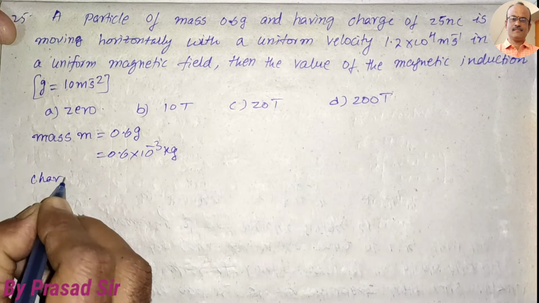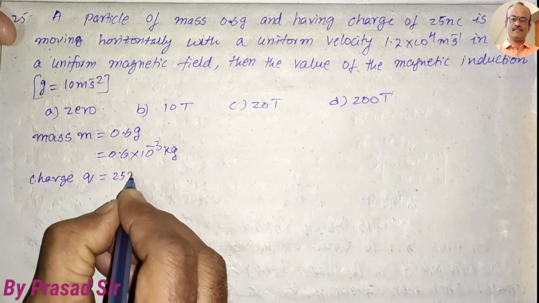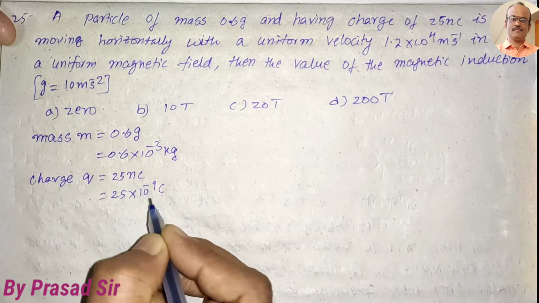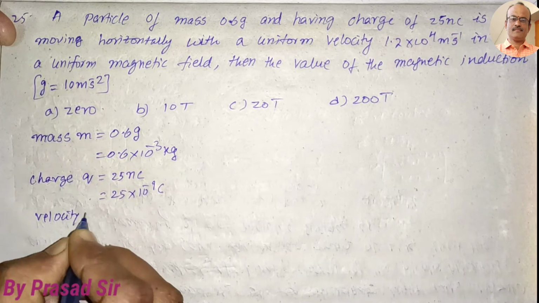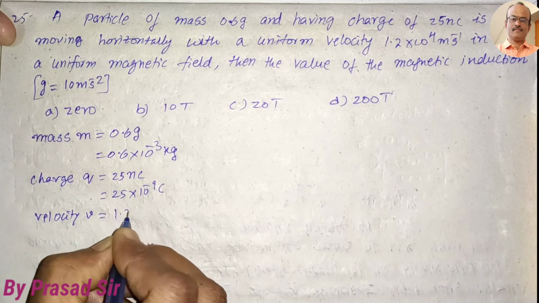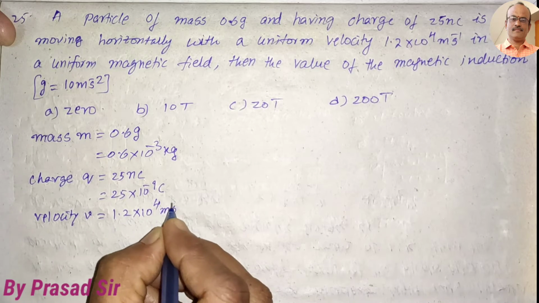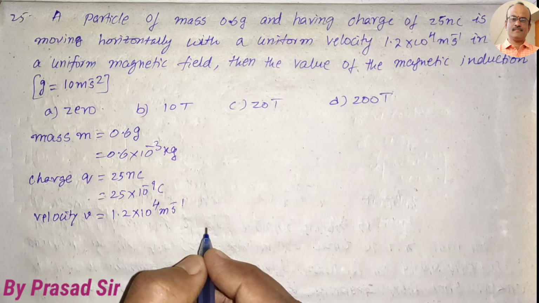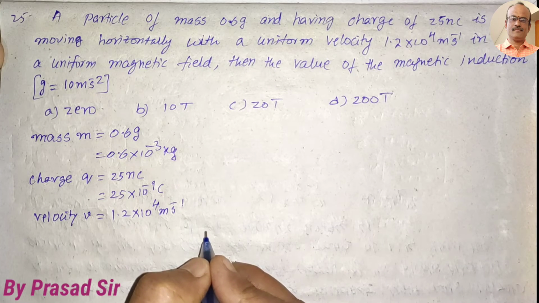The charge projected into the field is 25 nanocoulombs, that is 25 into 10 to the power of minus 9 coulombs, which is projected with a velocity V equal to 1.2 into 10 to the power of 4 meters second to the power of minus 1. This is in a uniform magnetic field, and the magnetic induction is required.